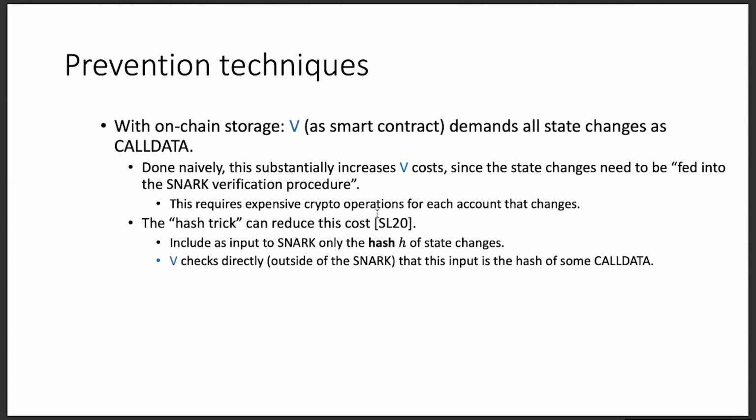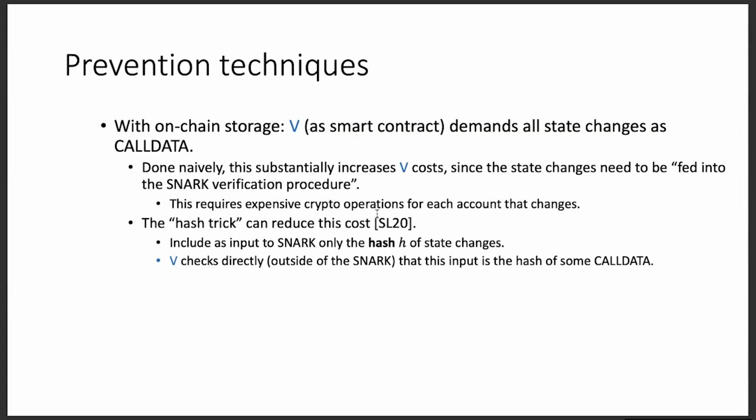And the verifier is just going to check directly, and this is really important, outside of the SNARK proving machinery, that this claimed hash actually is the hash of some call data. So outside of the proof machinery, the verifier is going to take a bunch of call data, compute its hash, like SHA-3 of call data, and confirm it equals this public input being fed to the SNARK verifier.